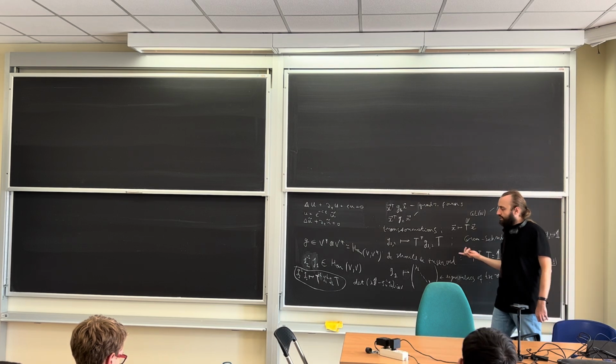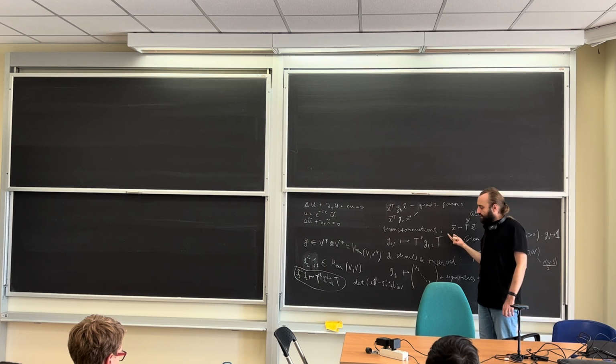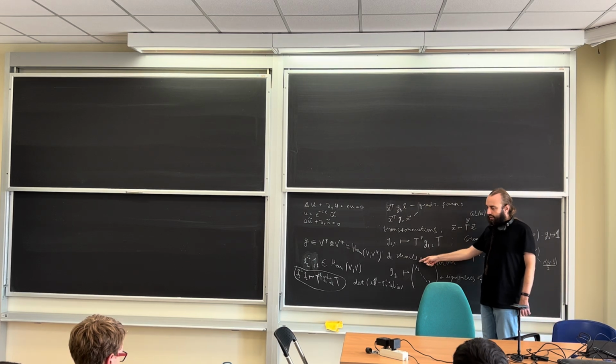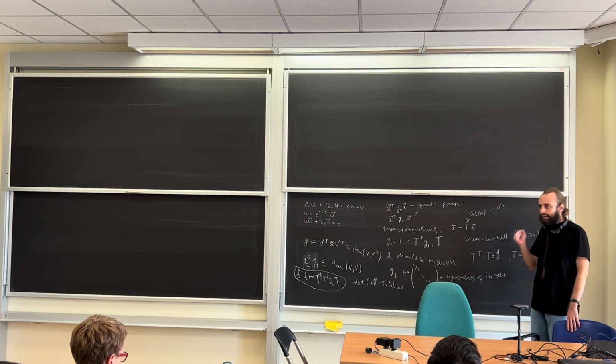And if you have two quadratic forms, there are these discrete invariants, and there are also n continuous invariants, namely the eigenvalues of the ratio.